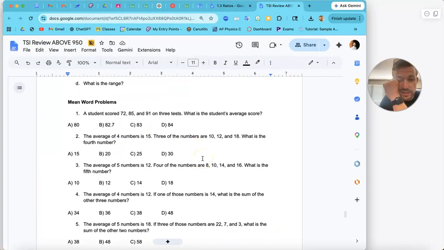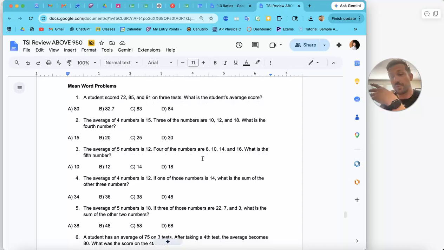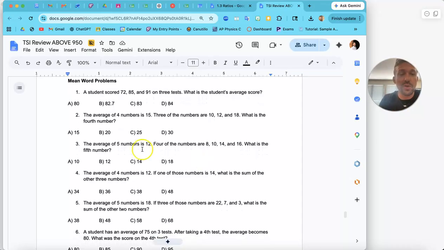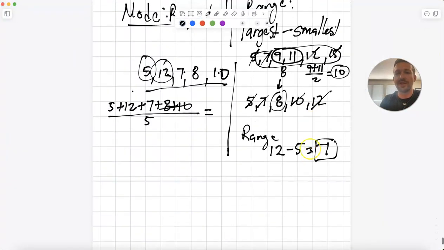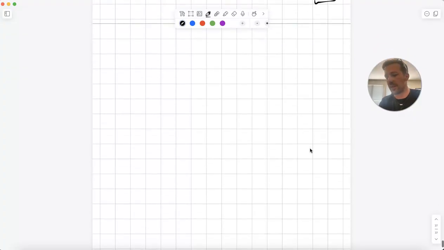The ones that I would think people are going to have problems with, because my students have problems on them, are something like this, where it says the average of 5 numbers is 12, and they give you some of those numbers and ask what the last number is that you don't know. So let's act like it's your tests.